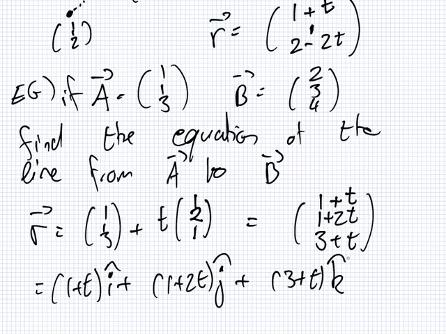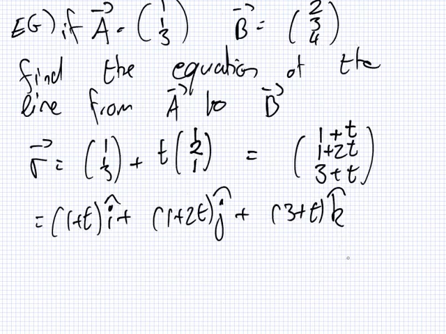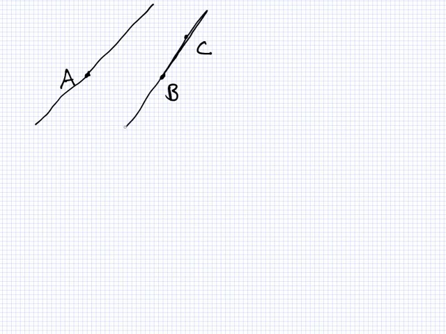So let's look at what we need to do if we have a parallel situation. So for example here we have, let's say only point A. And here we have, for example, point B and point C. And I want the line that goes through A, but is parallel to the line that goes through BC.